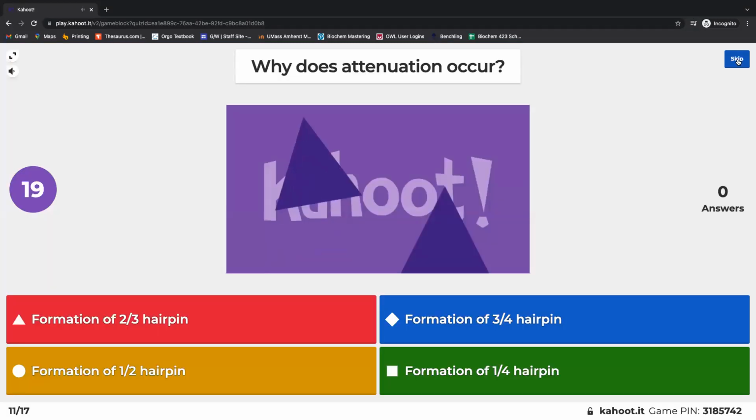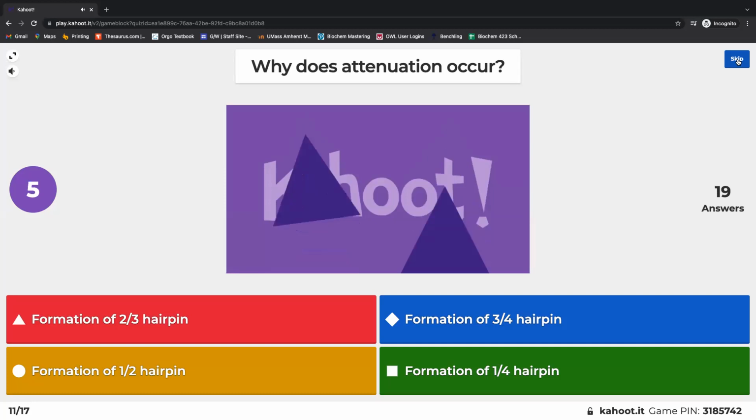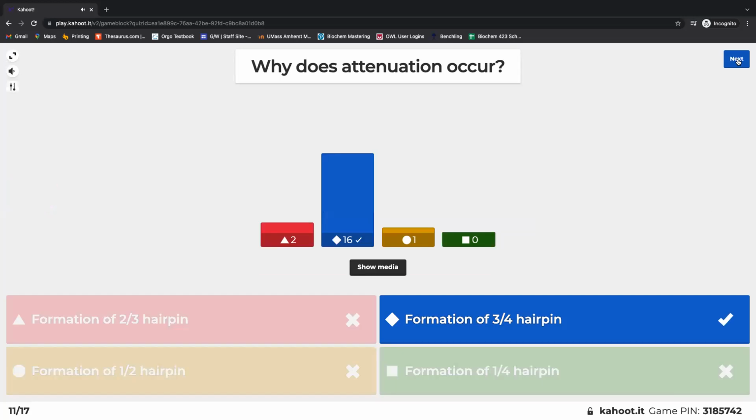All right, back to the trp operon. Oh my God, we got it.